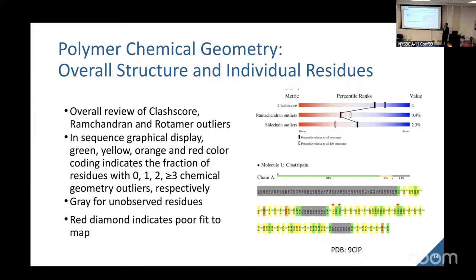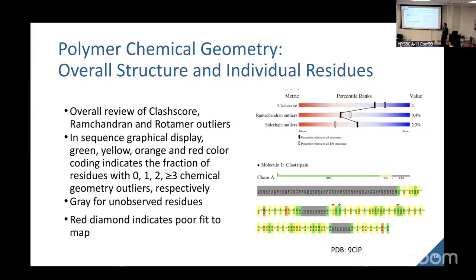The solid box is the relative percentile against all structures, and this empty box indicates the percentile relative to this specific method. In this case, you can see this is percentile against EM structures, which is not actually right for 3D MicroED structures, which we are going to change.